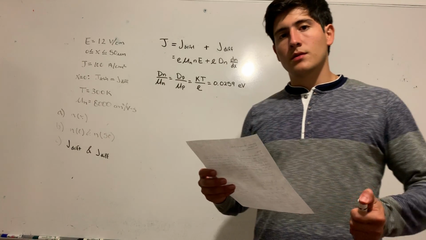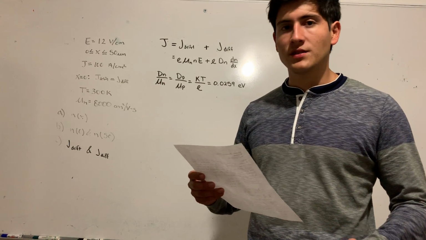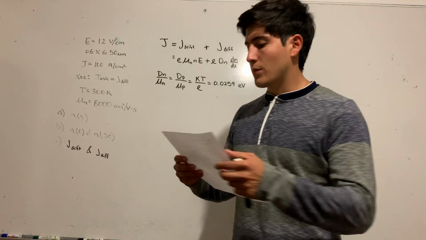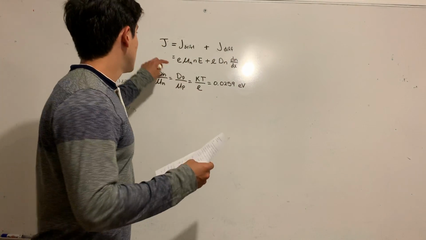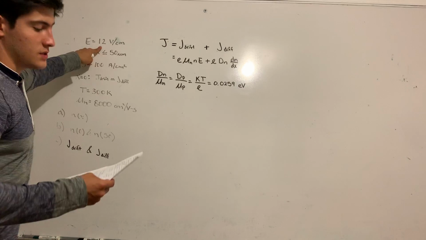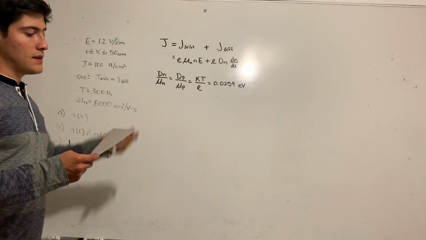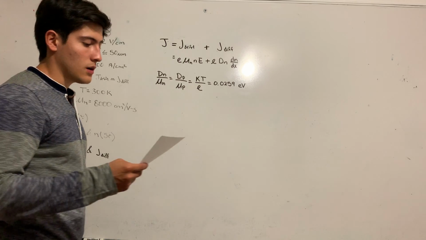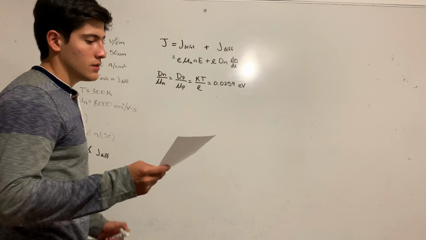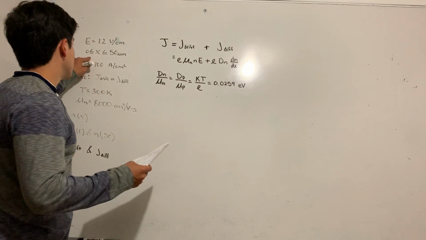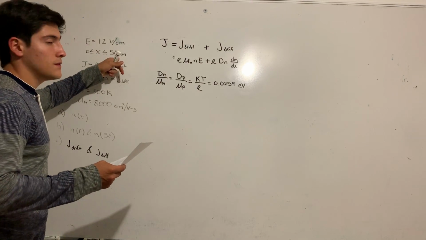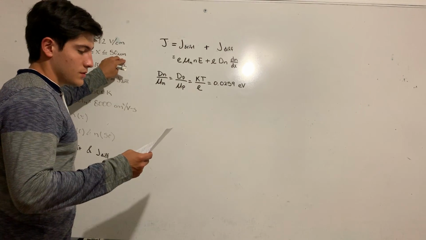The question says a constant electric field of E equals 12 volts per centimeter exists in the x direction of an n-type gallium arsenide semiconductor with a size from 0 to 50 micrometers.